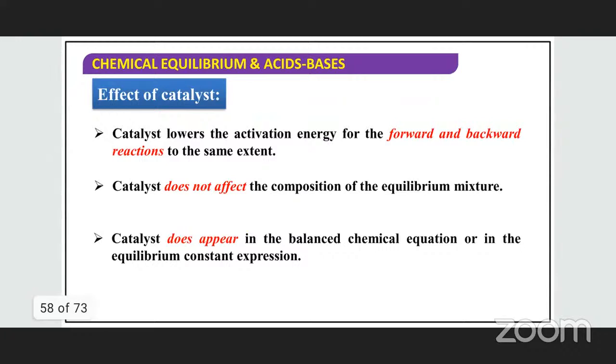A catalyst lowers the activation energy for the forward and backward reaction to the same extent. A catalyst does not affect the composition of the equilibrium mixture. A catalyst does not appear in the balanced chemical equation or in the equilibrium constant expression.